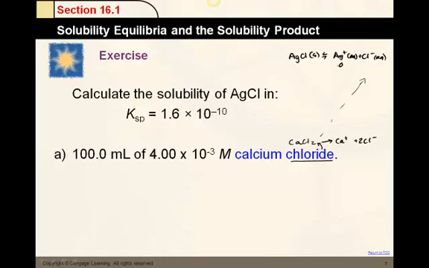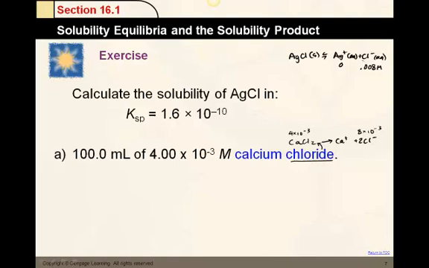So therefore, if the concentration of calcium chloride is 4 times 10 to the negative 3, then chloride is 8 times 10 to the negative 3, and calcium is 4 times 10 to the negative 3. So therefore, chloride ions, when added to silver chloride like this, is 0.008 molar. I'm just writing it because it's a shorter number to write there. I could have written 8 times 10 to the negative 3 as well.